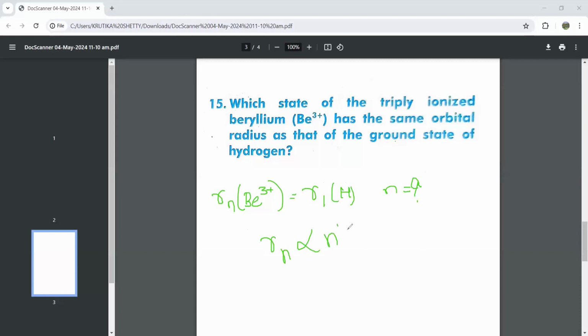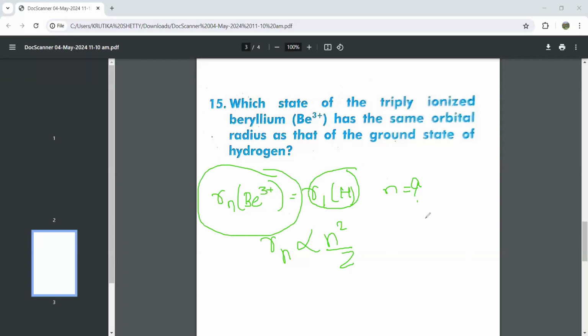As we know, Rn is proportional to n square divided by Z. Right. So now we can equate the equation. What is given? Which state of the triply ionized beryllium has the same orbital radius as that of the ground state? For the ground state we have taken R1 of H, and for the triply ionized state it is Rn of beryllium 3 plus.